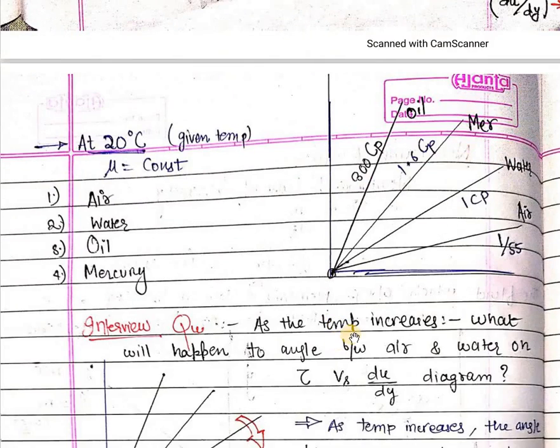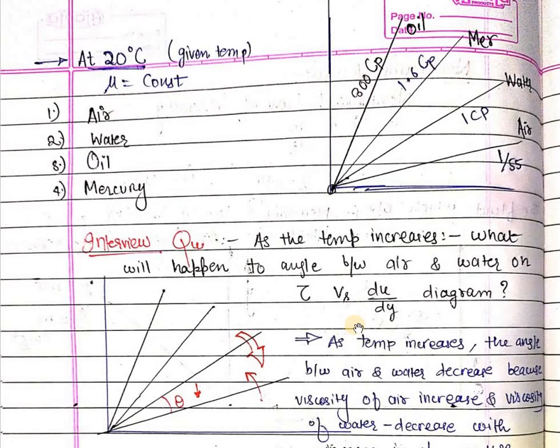In some interviews there is a common question related to this topic: if we want to increase the temperature, what will happen to the angle between air and water on tau versus du over dy diagram? We know that dynamic viscosity is depending upon the temperature. As we increase the temperature, the angle between water and air reduces, because the viscosity of gases increases with temperature, and the viscosity of liquid decreases.